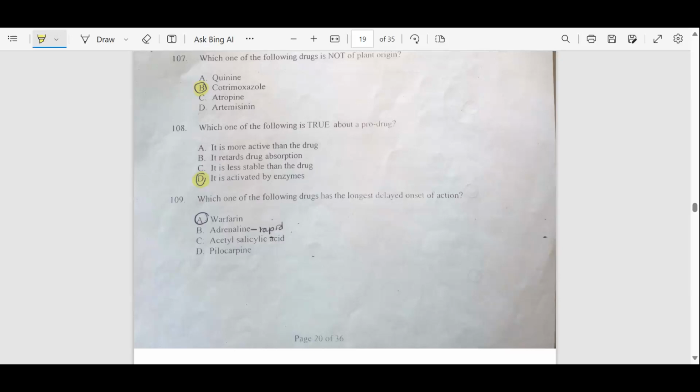So we'll go with D. Number 109, which one of the following drugs has the longest delayed onset of action? We have warfarin, adrenaline, acetylsalicylic acid, and pilocarpine.